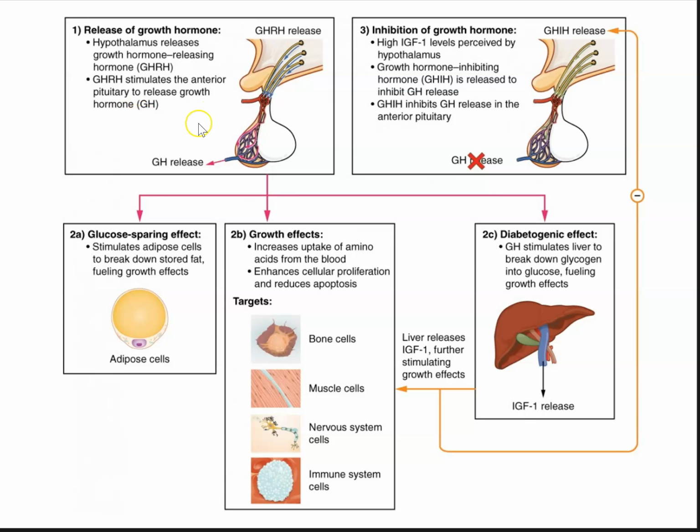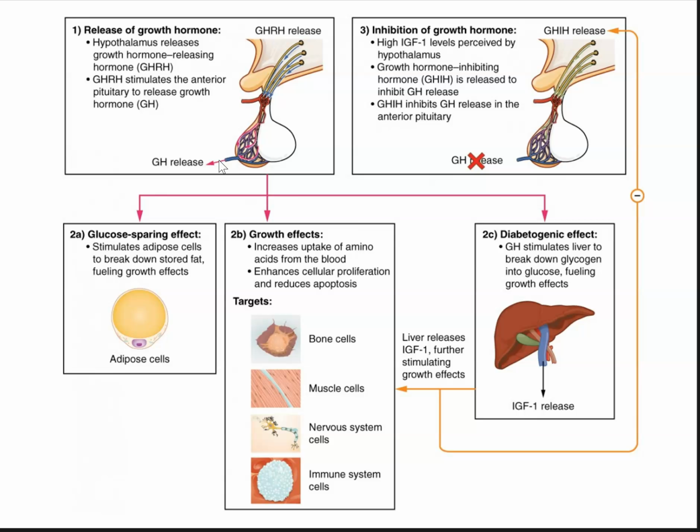This picture shows the negative feedback inhibition of growth hormone. When we need growth hormone, the hypothalamus senses the signal and releases growth hormone releasing hormone. So the hypothalamus triggers or stimulates the anterior pituitary to release growth hormone.